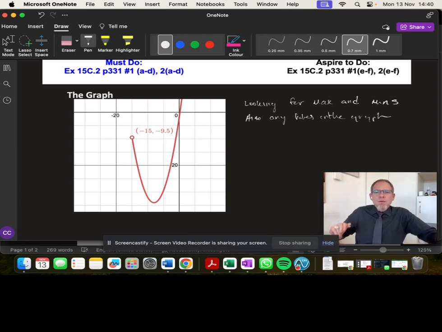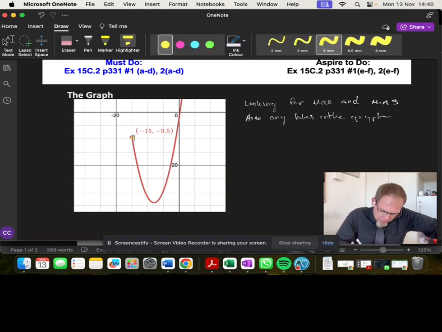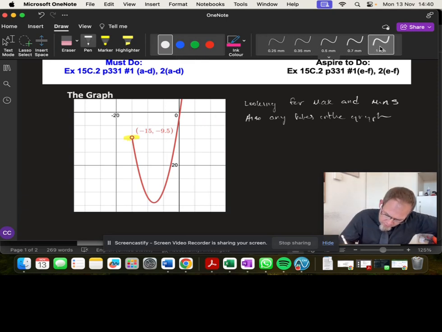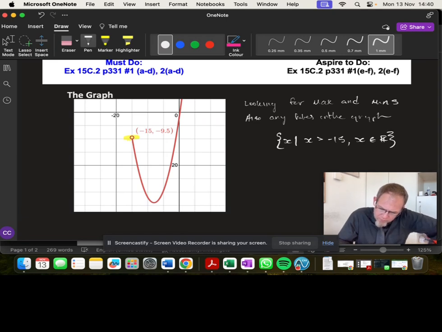So if I look at this graph that I have put there, you can see it looks like a parabola. It goes off the screen because it goes on forever. However, it does have a hole. We've got a limit right there. So if I was going to write down the domain of this particular function, I would say x such that x is greater than negative 15 and x is an element of the real numbers.